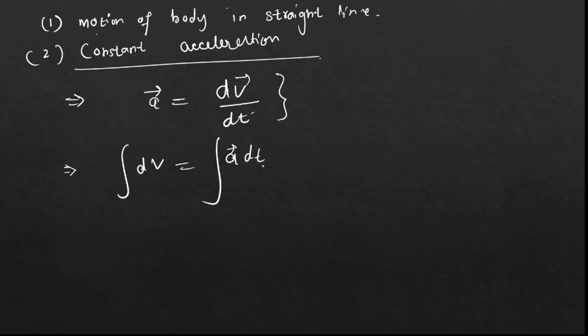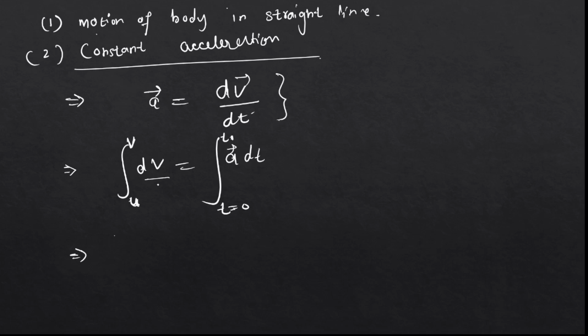Say at time t is equal to 0, the body was moving with velocity u, its initial velocity. And at time t is equal to t1, the body had its velocity v. So from here, what will I get?